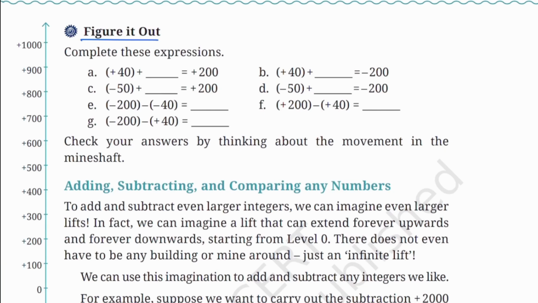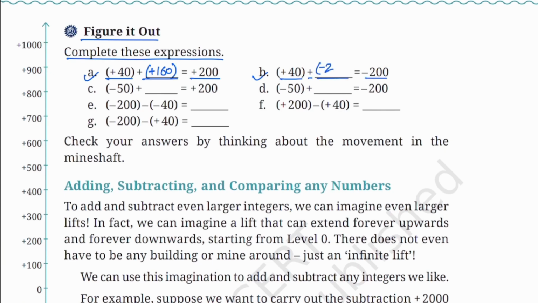Figure it out. Complete these expressions. A: plus 40 plus blank is equal to plus 200. The answer will be plus 160. B: plus 40 plus blank is equal to minus 200.